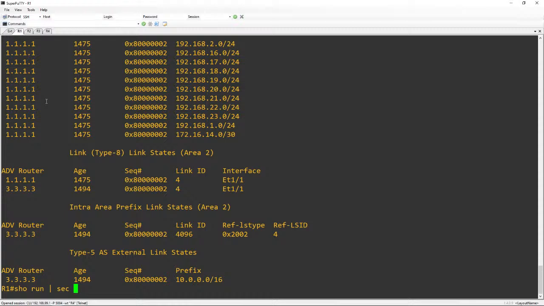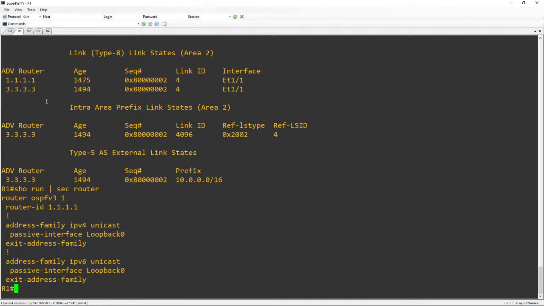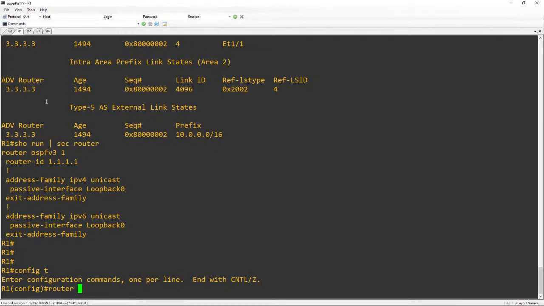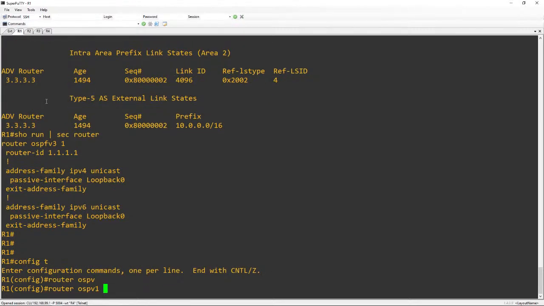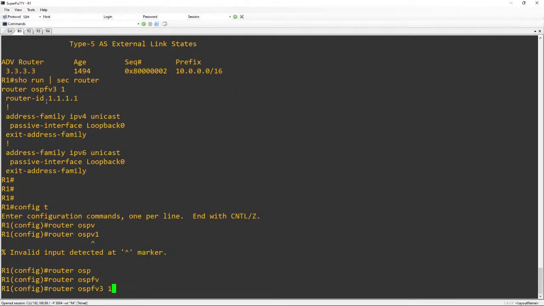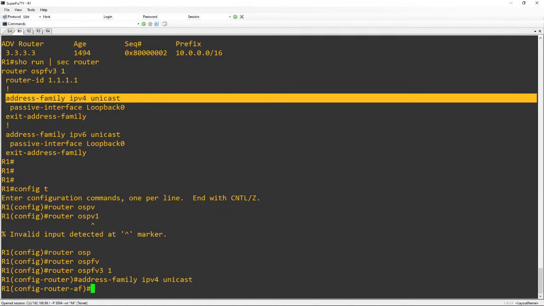So if I do a show run pipe section router here, I can see what my configuration looks like. And we're running OSPFv3 in this case. So config t, router ospfv3 1, and we're going to go into our address family for v4.